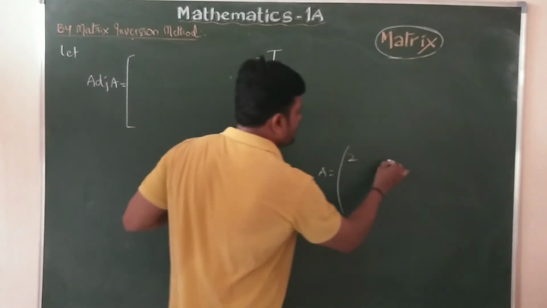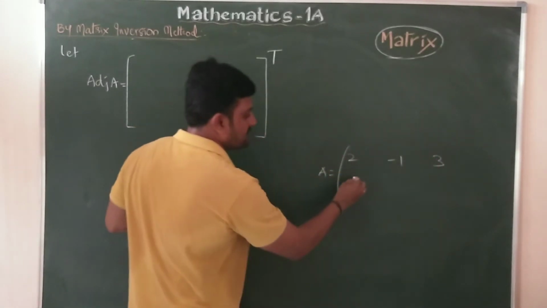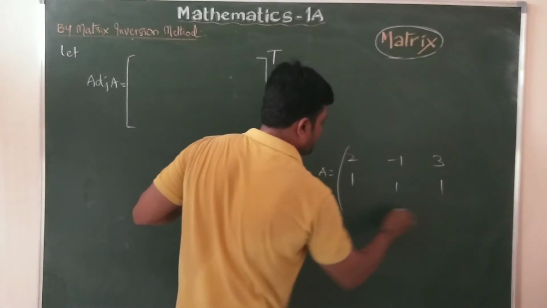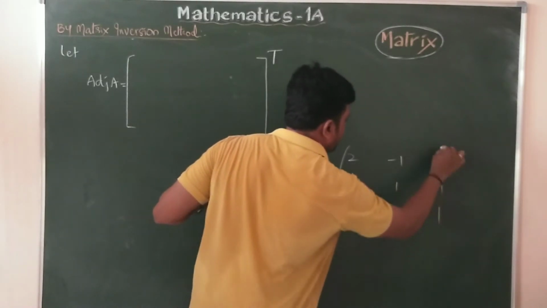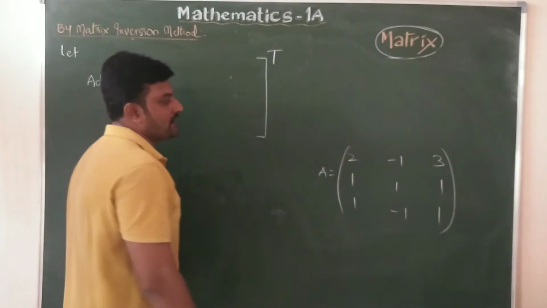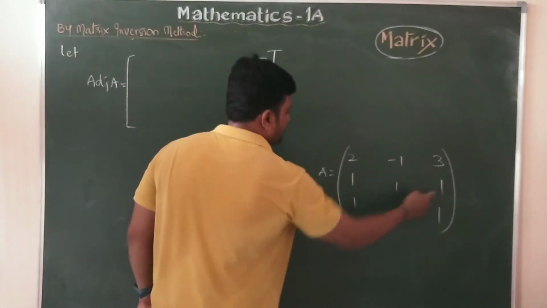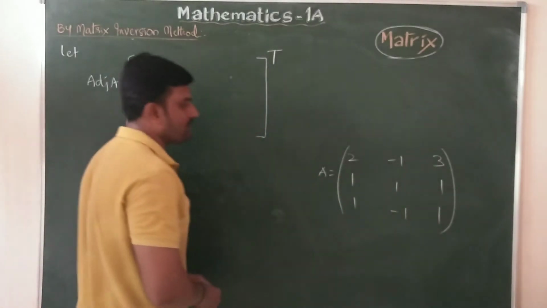By the given, 2 minus 1 3, 1 1 1, 1 minus 1 1. Let us check, okay. 2 minus 1 3, 1 1 1, 1 minus 1 3.